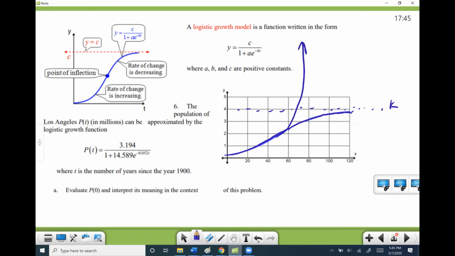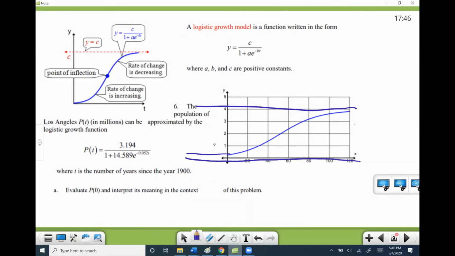So logistic growth is something we use to model population growth. It has that nice carrying capacity on it, and it has two horizontal asymptotes. You can't really see it in the picture, but it's sandwiched between a horizontal asymptote above and one below, if you were to graph the entire logistic growth curve.